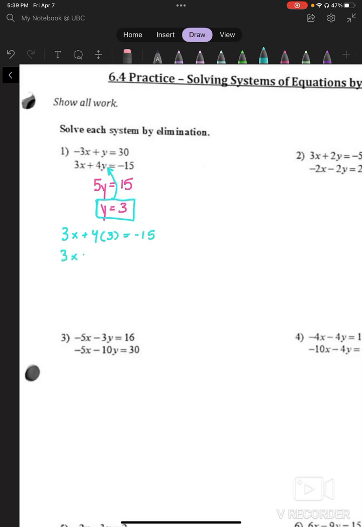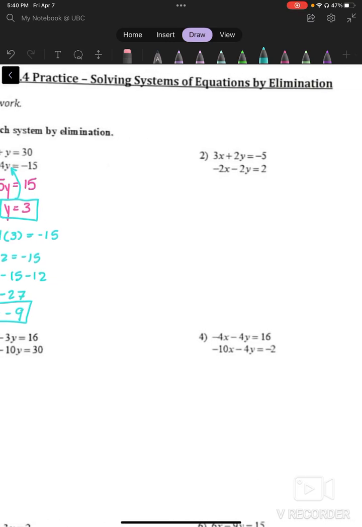So 3x plus 12 equals negative 15. 3x equals negative 15 minus 12. So that would be negative 27. And then negative 27 divided by 3 is negative 9. So that's how you get your x and y variables for that.